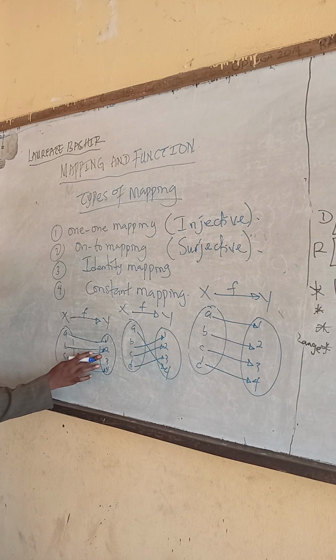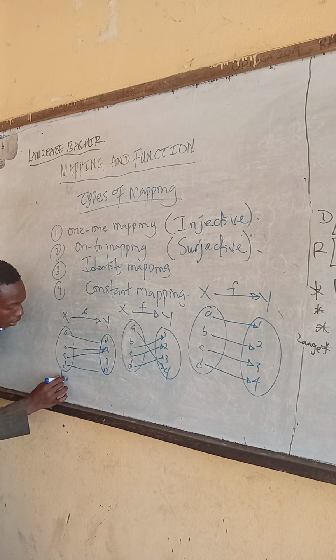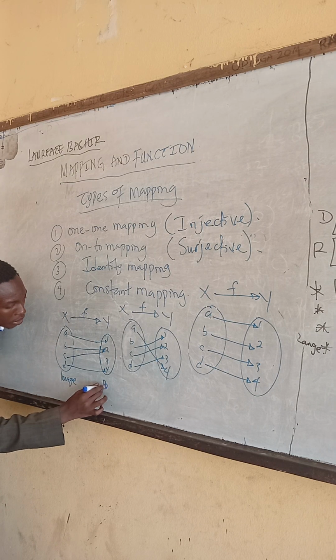So now look at this. A produces one, right? B produces two. C also produces two. Then D produces four. You can see that from the codomain, this is the image.